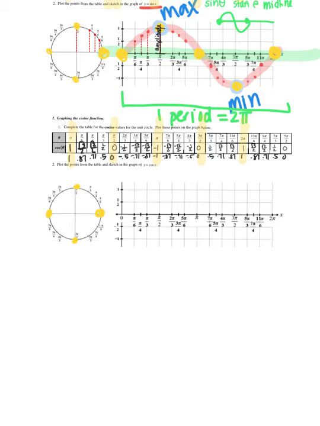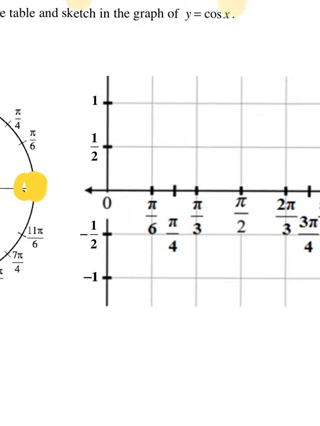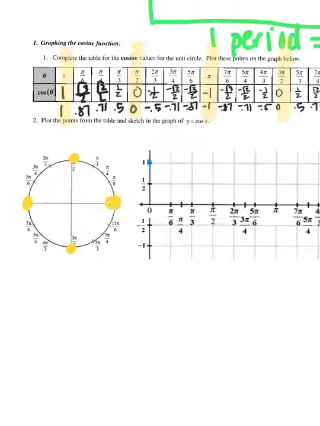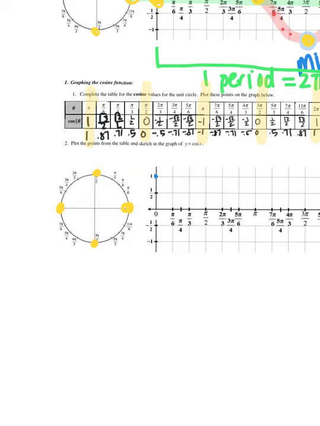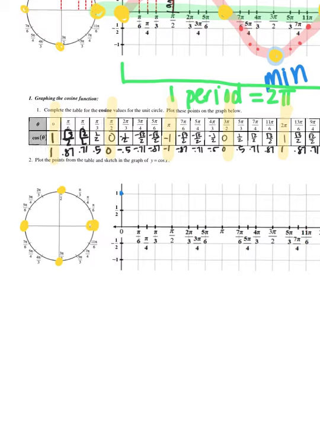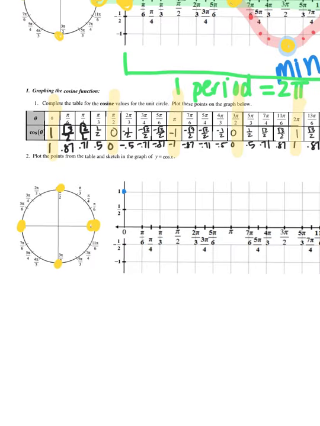So when I go to plot these, let's see. At 0, cosine was 1. And you know what, how about let's make it a little bit easier on ourselves. Let's kind of get the general shape with these critical values, and then I think this will make it a little bit easier, especially on our iPads.